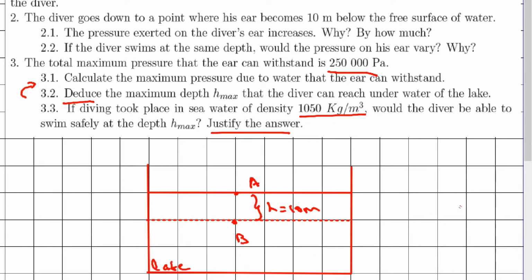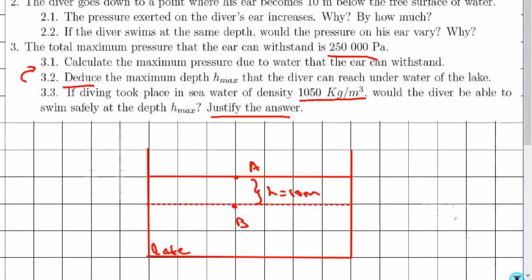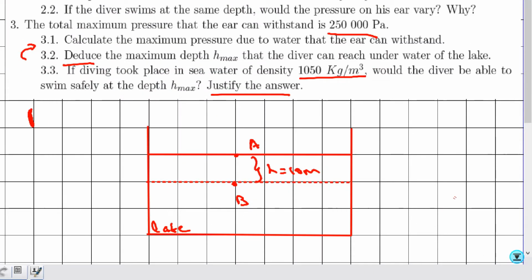So now, the pressure due to a liquid is given by rho L multiplied by G multiplied by H. If the diver is swimming in the water of the fresh lake, the density of the liquid times G times H gives the pressure.